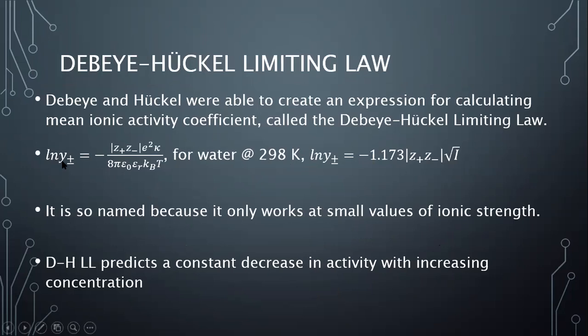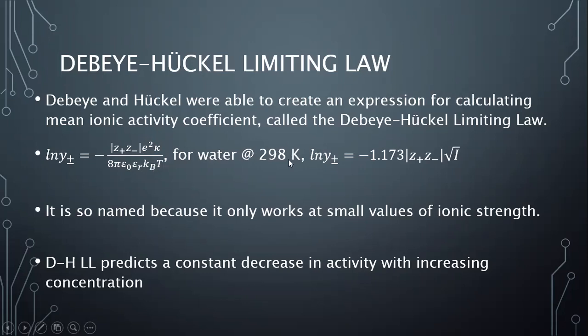And the natural log of the mean ionic activity coefficient is equal to negative the absolute value of Z plus and Z minus, so the charge of each, the product of the charges, times our electron charge squared times kappa, over 8 pi epsilon naught, or epsilon 0, epsilon r, k sub b, T.